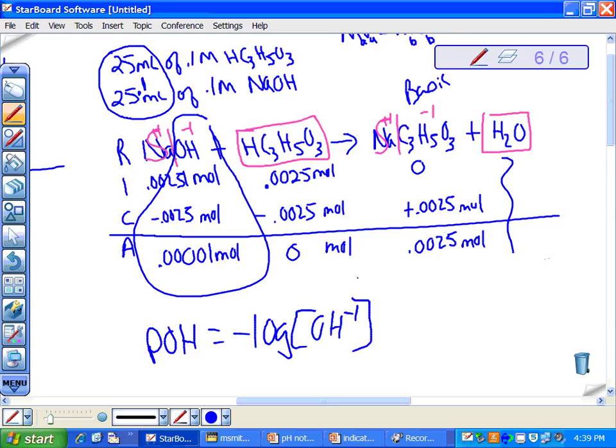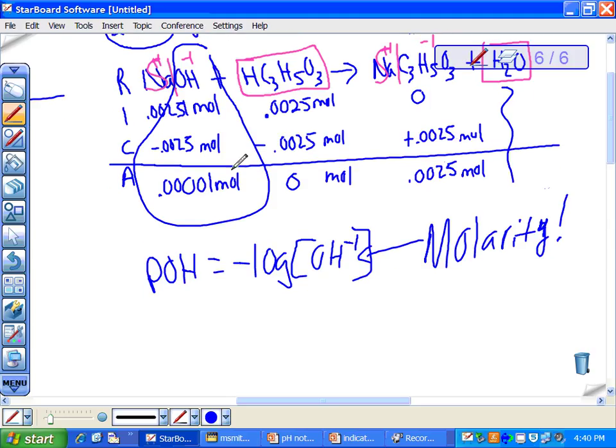Here's the problem, and a lot of students have missed it. Anytime you use this equation, this must be in molarity. If you leave it in moles, it will not work. That is moles. So I have to take the negative log of 0.00001 moles divided by the total volume.